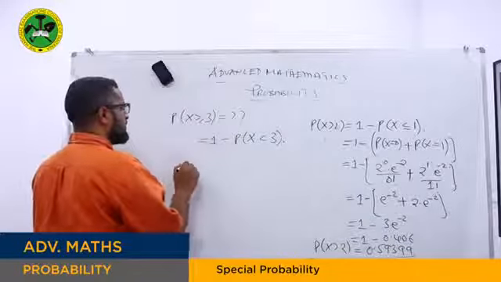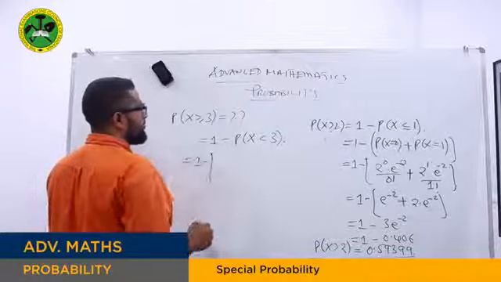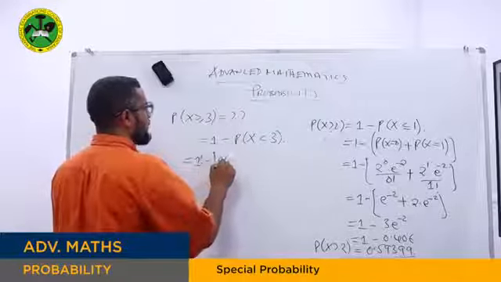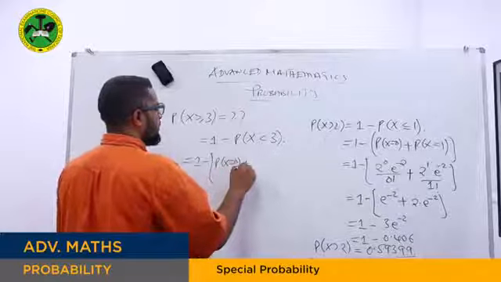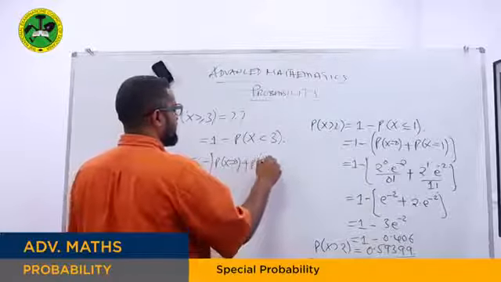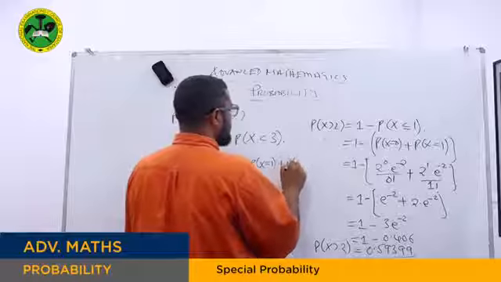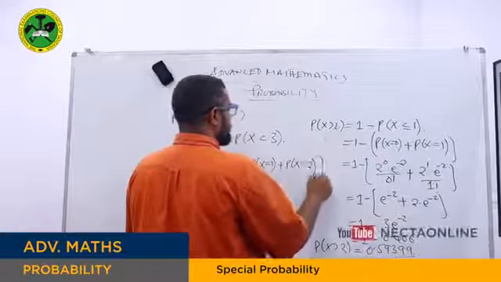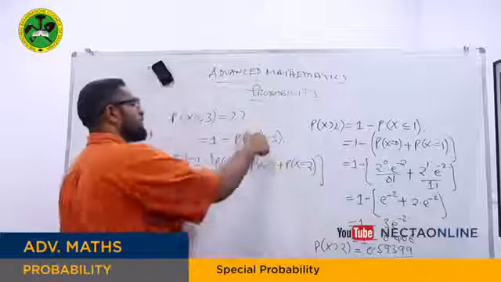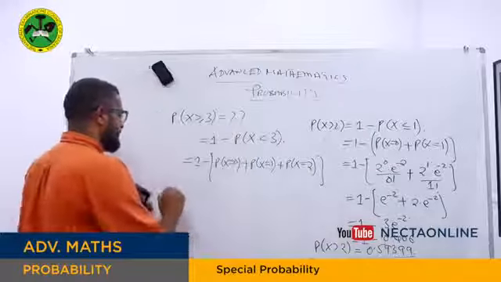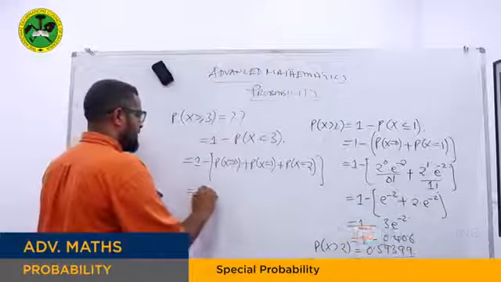The meaning of that is 1 minus the bracket of the probability of x equal to 0, the probability of x equal to 1, the probability of x equal to 2. So we exclude 3 because of less than 3. Thereafter, let's go to the formula. 1 minus.